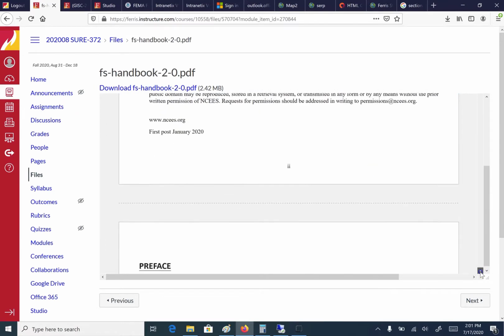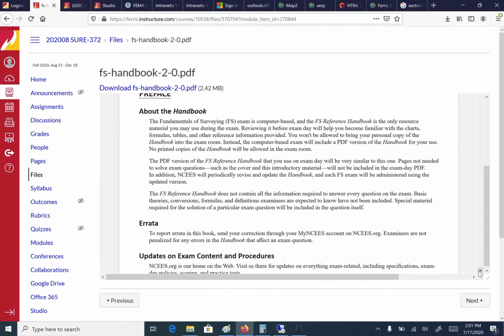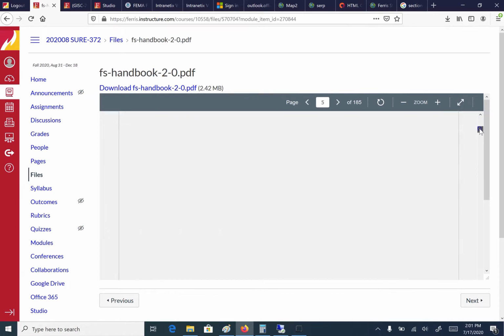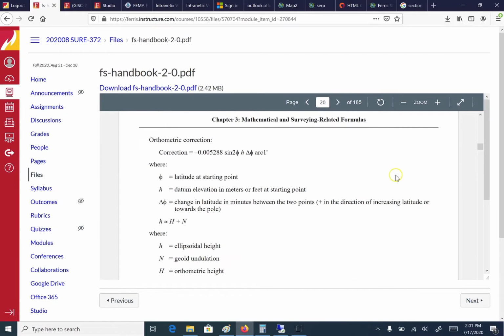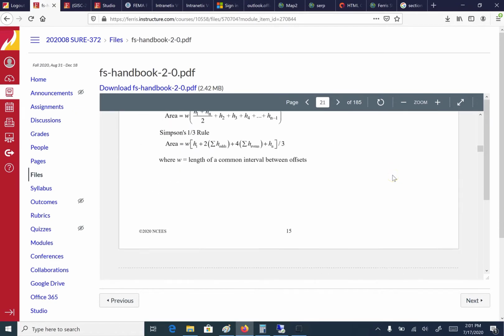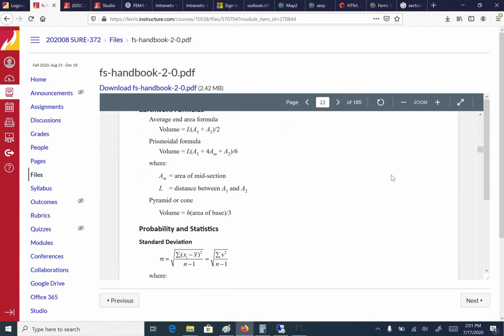So there's not much on adjustments in the licensing exam book or the cheat sheet.